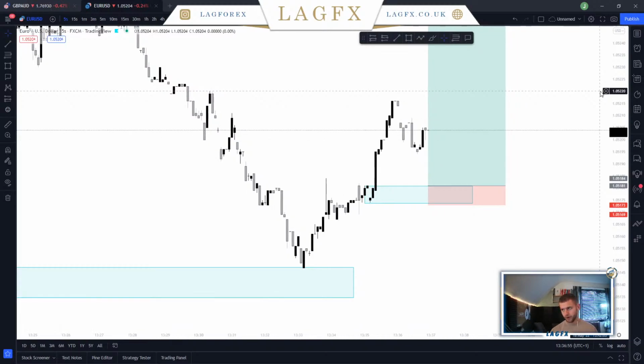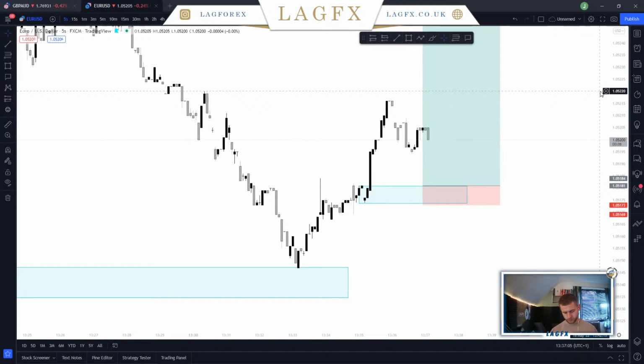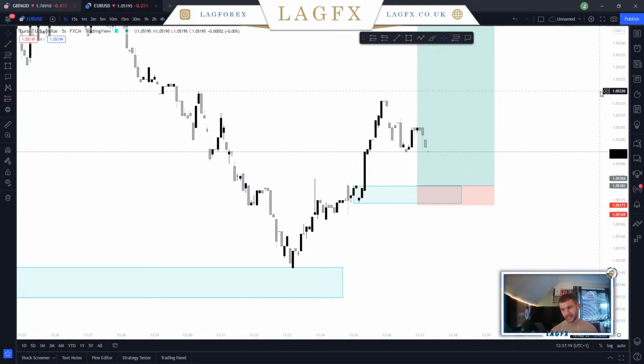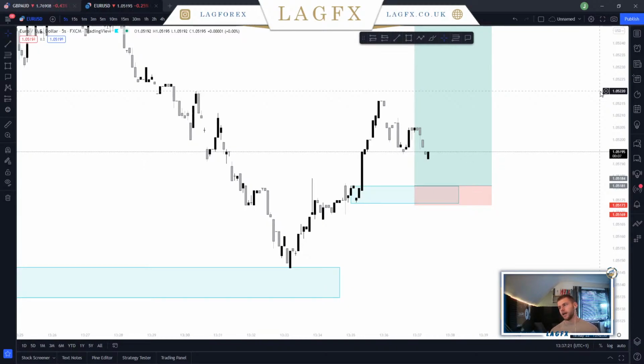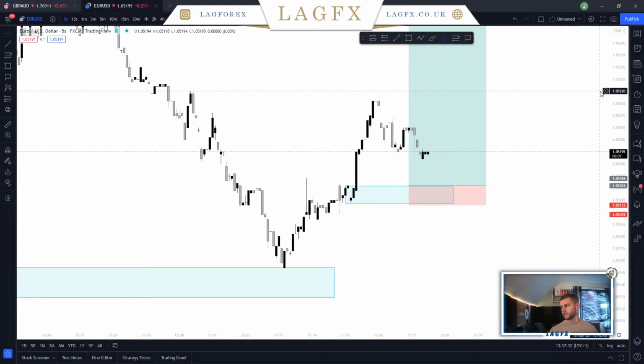Just to see how price continues to play. Just a waiting game. Let's see if price does tap us in at all, potentially giving us entry opportunity. We shall see. We shall see what happens.